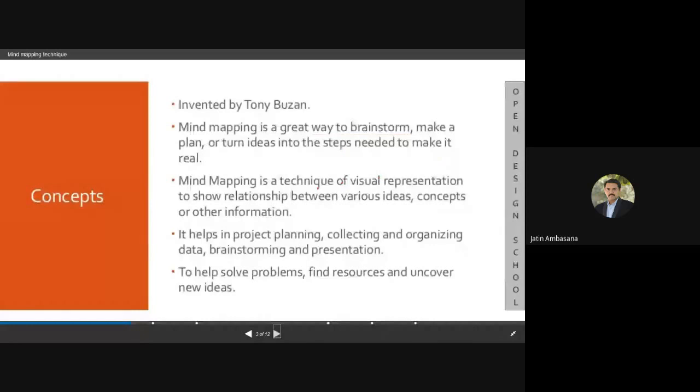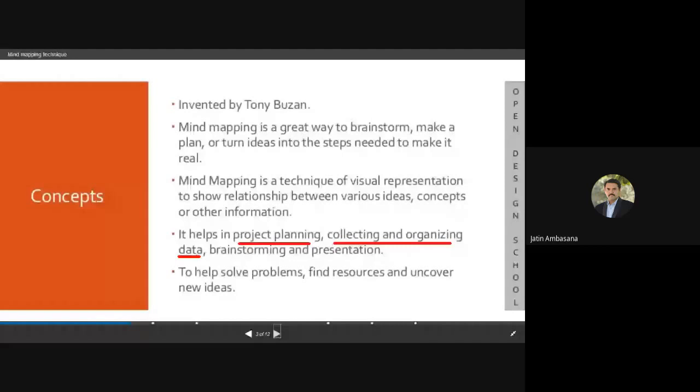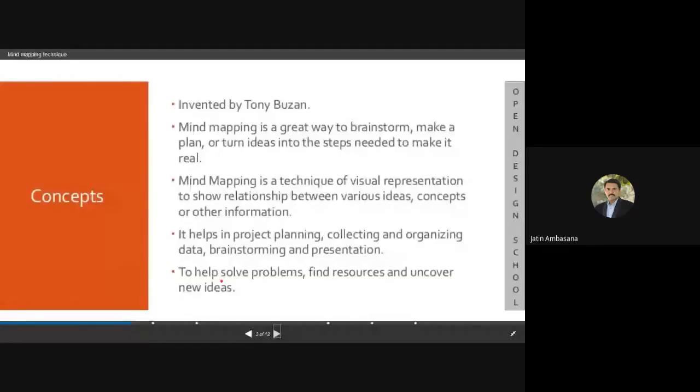It also helps in tasks like project planning and collecting and organizing data, and also brainstorming and presentation. These kinds of tasks can be easily accomplished using mind mapping, and it helps us solve problems, find resources and uncover new ideas.